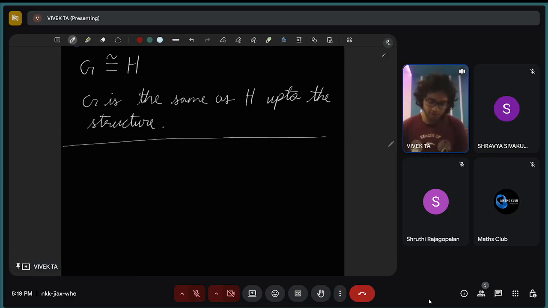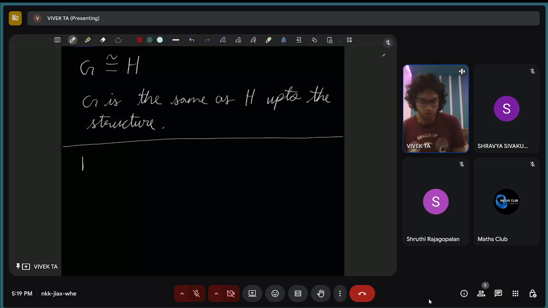point is, first we'll go through one of the most fundamental theorems in group theory, the isomorphism theorems. And for that we need to think about how the kernel behaves. So how did we define the kernel?